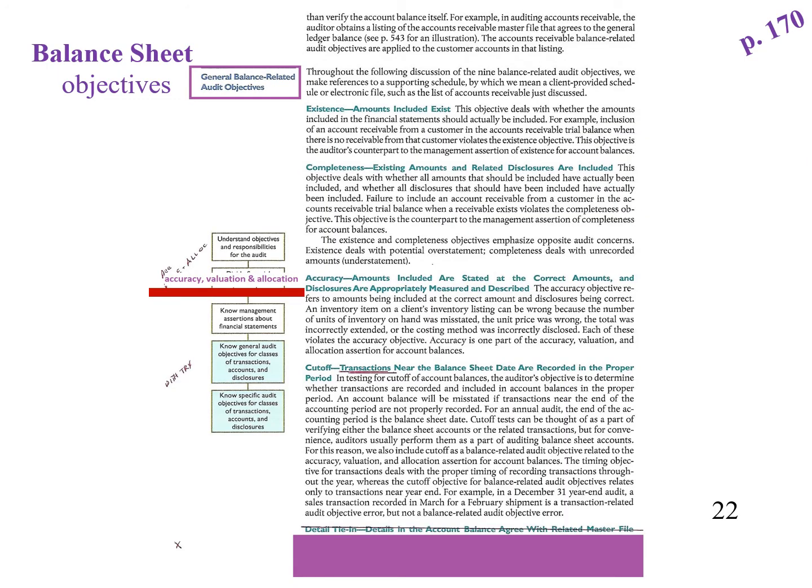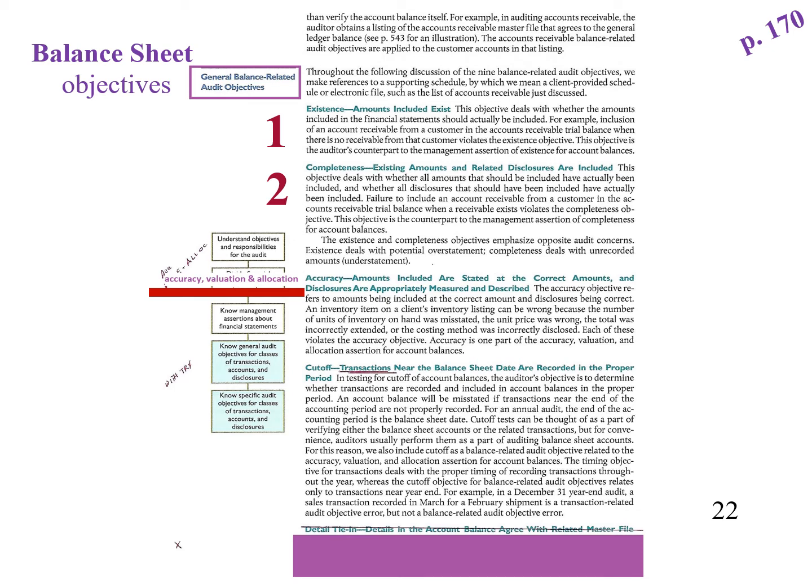Balance sheet objectives. Now, if TAD was good, it would say balance sheet and related disclosures. I'm not that good. Existence, completeness. Again, these are the 2 big ones in Tad's mind, completeness and existence. Completeness. If something's recorded on the balance sheet or the general ledger, I don't have to worry about completeness.